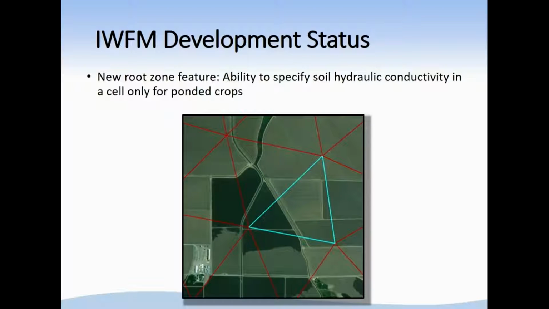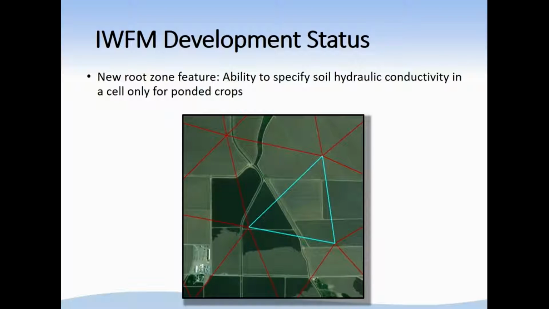Are we going to try to capture the water demand for the non-ponded crops, or are we trying to capture the water demand for the rice? So we had to basically come up with these pseudo crops and do all sorts of funky business, trying to get the water demand right in this one single cell.